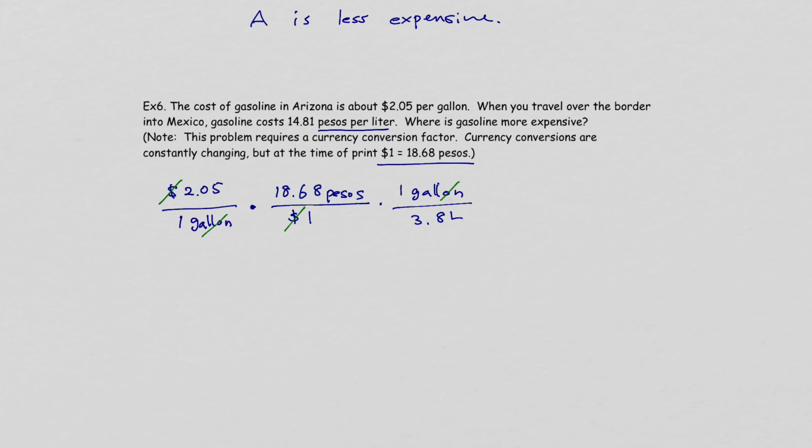So only the same unit will remain as the Mexico, right? So it means on the numerator, you're going to multiply 2.05 times 18.68 times 1. The denominator is going to be dividing by 3.8. So multiply these two numbers and divide by 3.8.